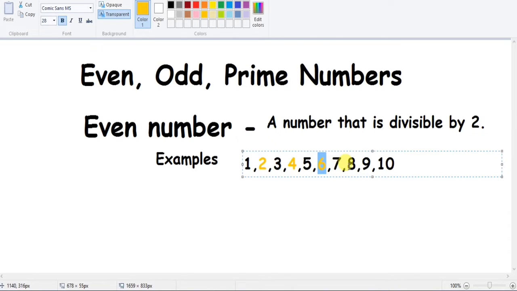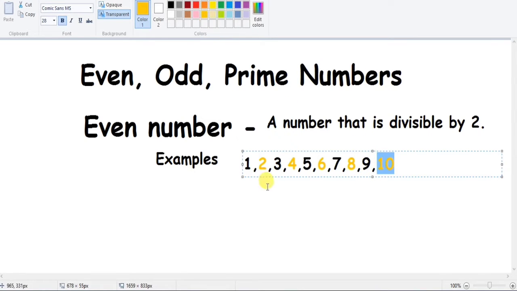8 is divisible by 2. 9 is not divisible by 2 because when you divide it you get a remainder of 1. And then 10 is divisible by 2.